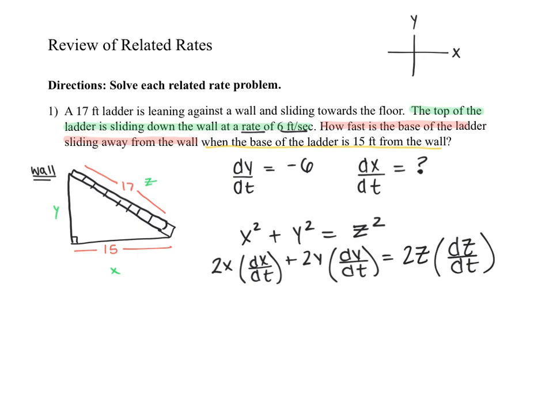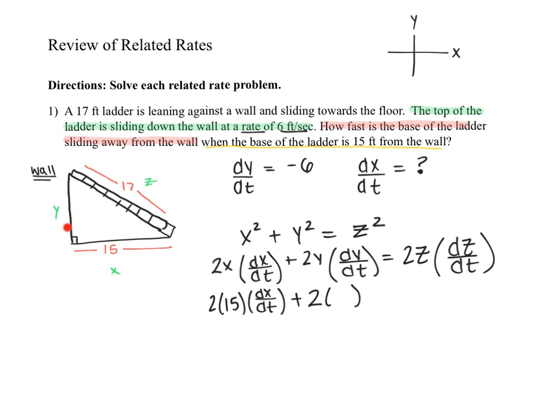And now we can go ahead and plug in the information that we know. So 2 times x. Well, we have x is 15. So 2 times 15 times dx dt. That's the information that we want. So I'm going to leave that as dx dt, plus 2y.